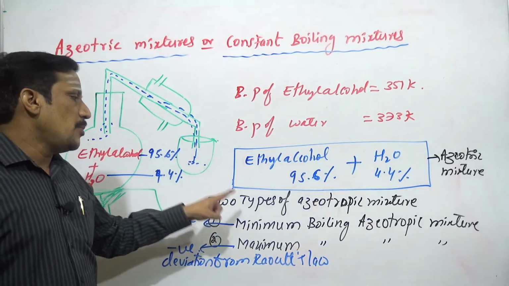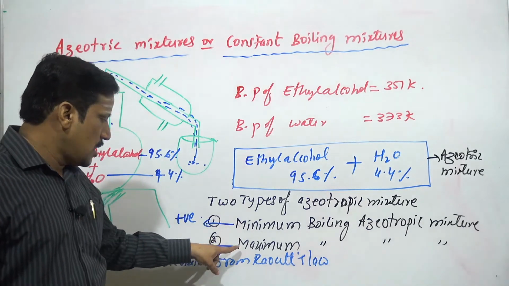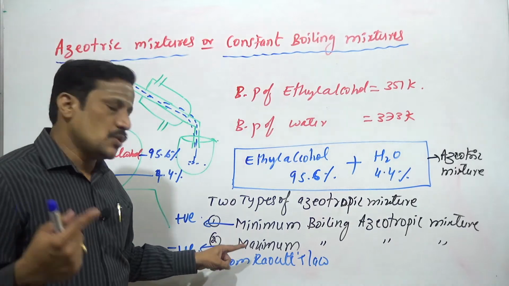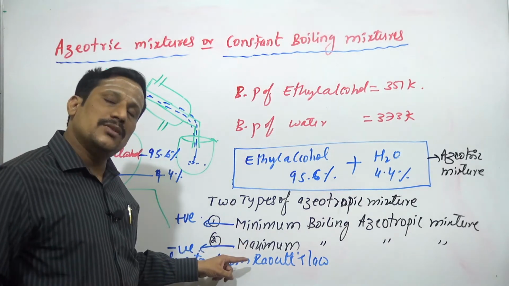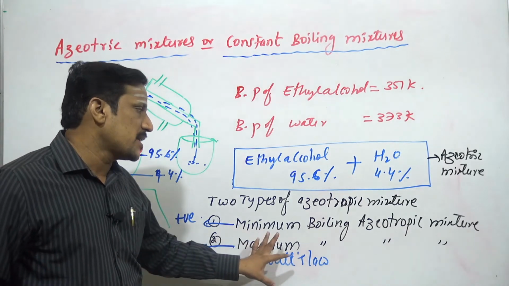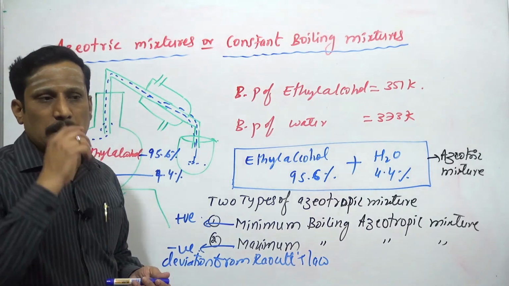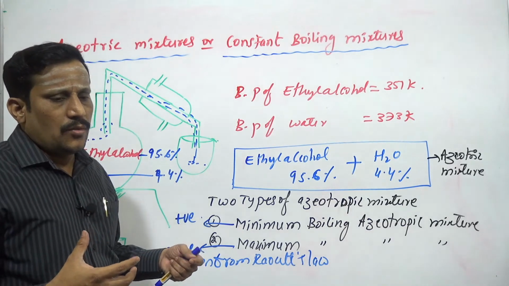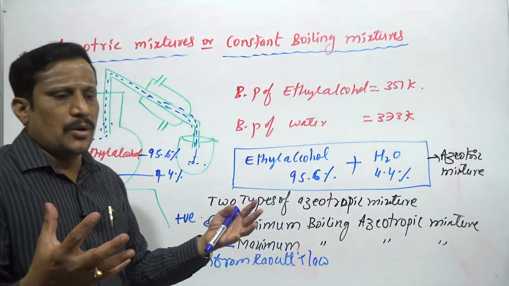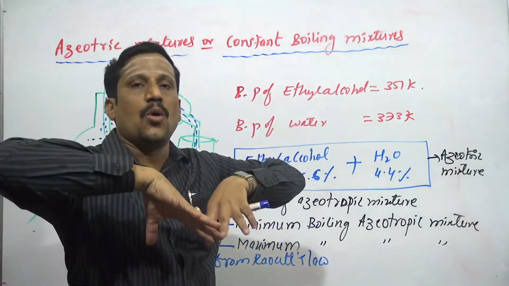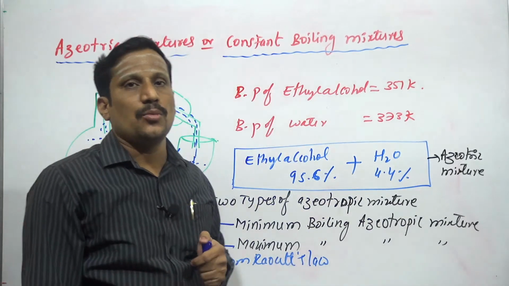Those solutions which show negative deviation from Raoult's law are maximum boiling azeotropic mixtures, meaning they boil at a higher temperature than expected.